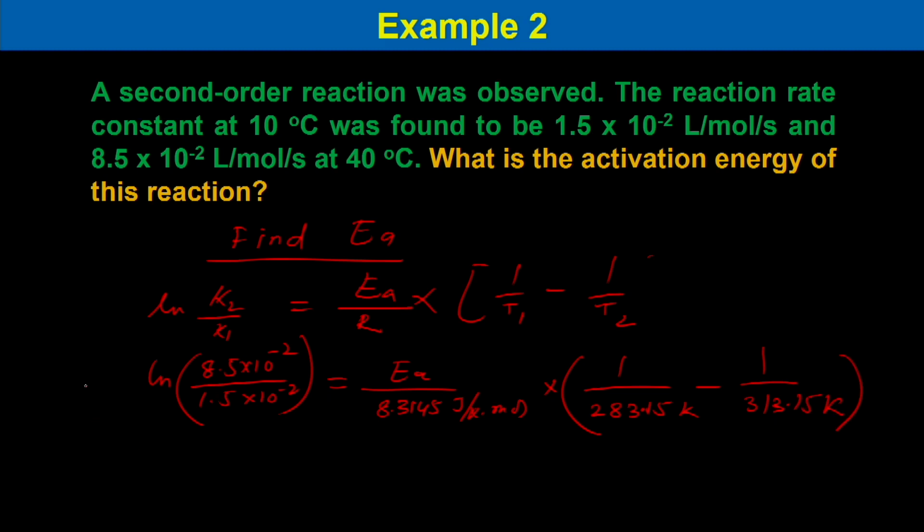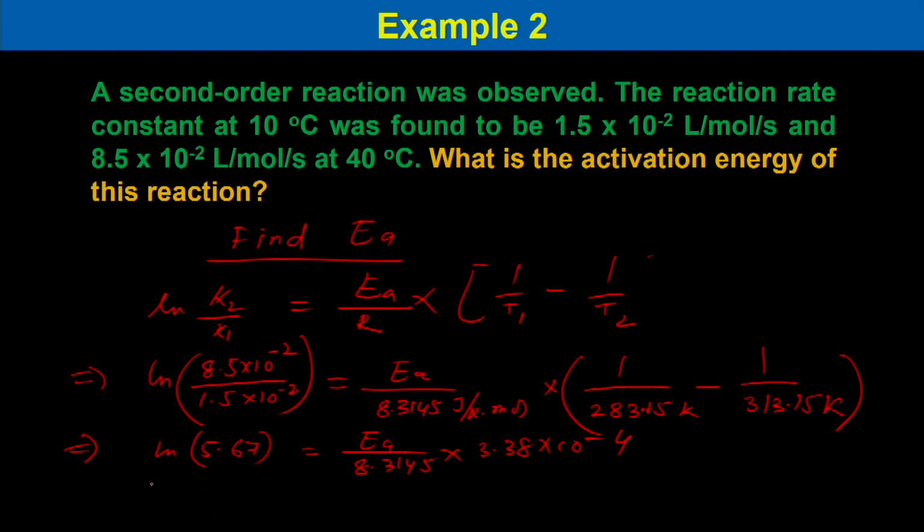So, if we solve it, it will be ln 5.67 = Ea/8.3145 × 3.38 × 10^-4.